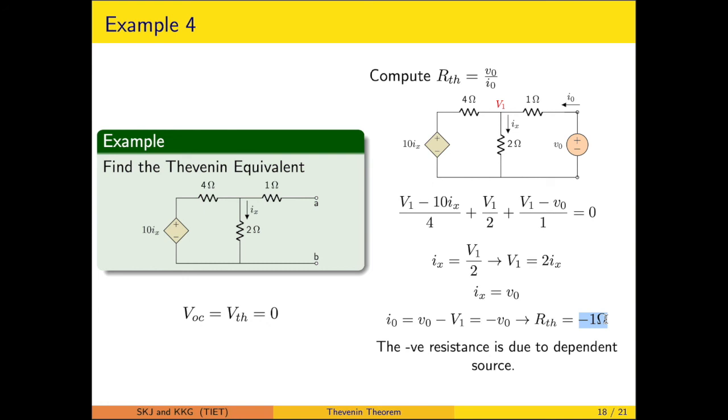The negative resistance suggests that it is generating power. However, a resistance always absorbs power. So in that sense you can say the power is delivered or supplied by such dependent sources.